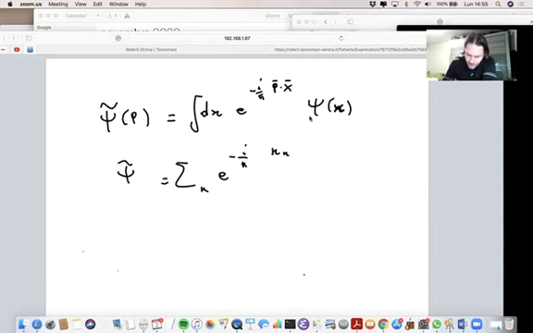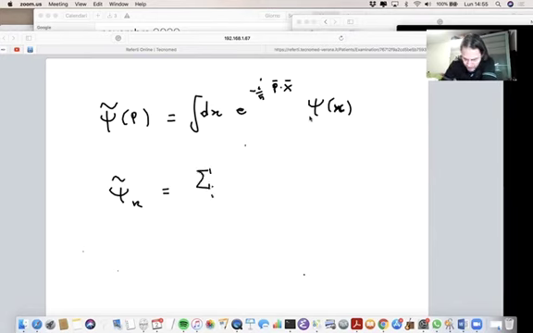In fact, after discretization, I can assign an index to my momentum components. So let's call it psi tilde k. And if I discretize this integral, I can reduce it to a sum, right? And so I'll have my value of the momentum p_k, which is the particular label, the index of momentum I'm interested in computing.